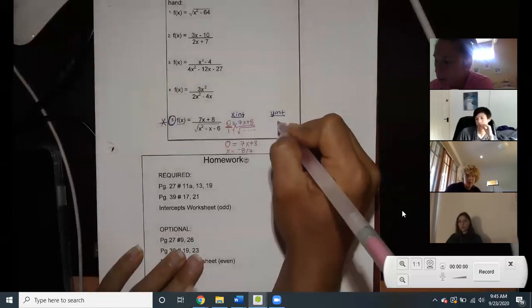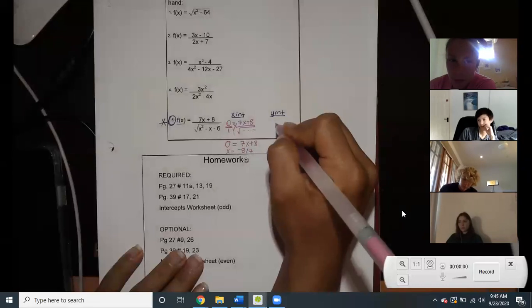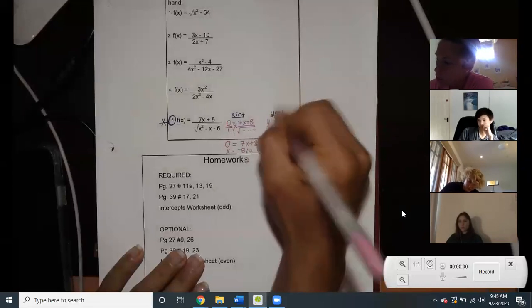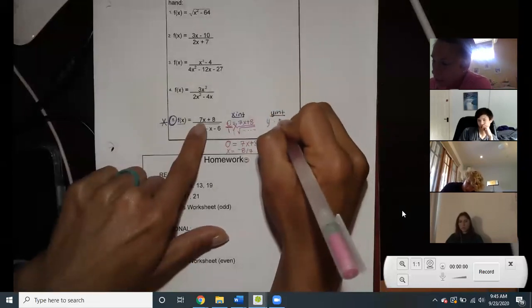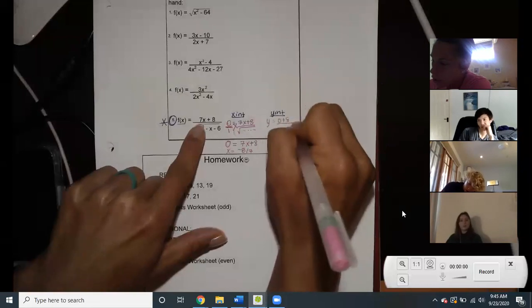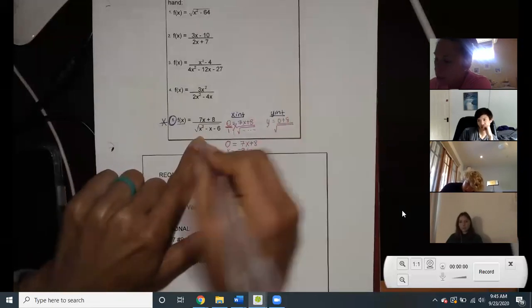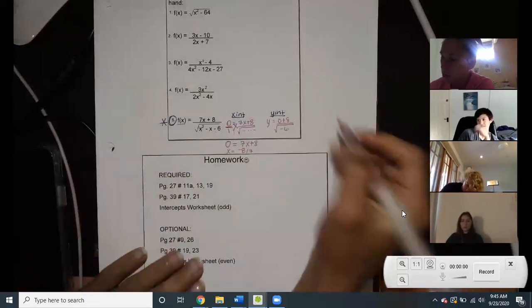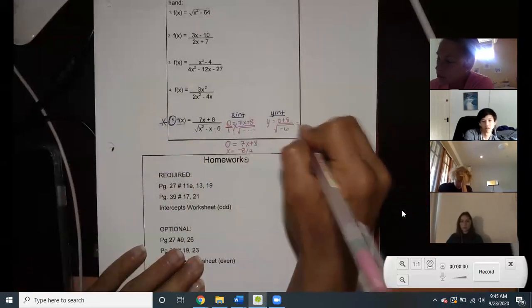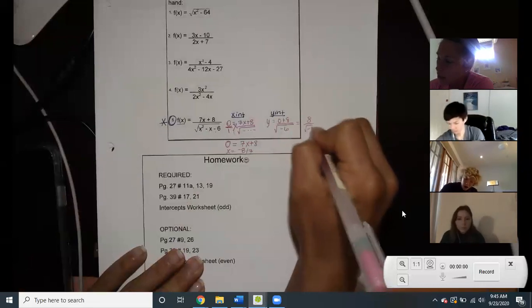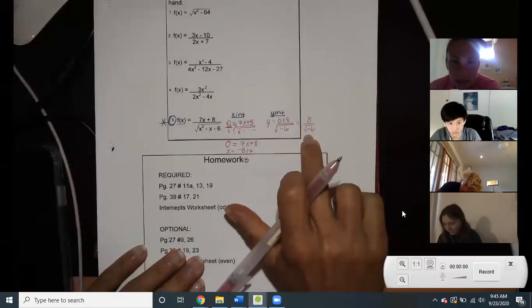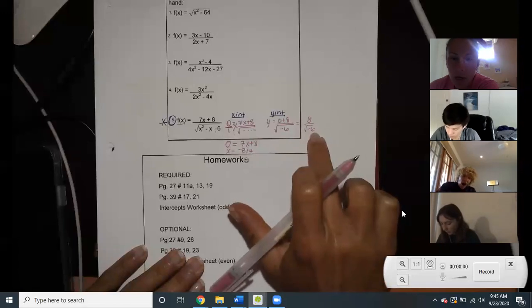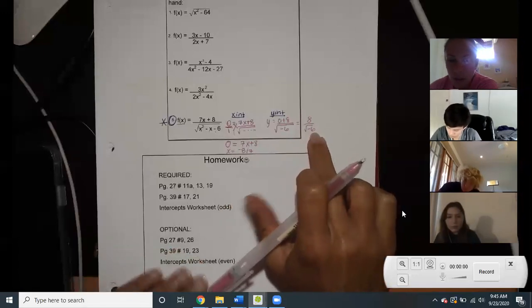For the y-intercept, I'm going to let x be 0, so I have y equals (0 + 8) over the square root of 0 minus 6, which is negative 6. So that's going to give me 8 over root negative 6. What kind of number is this going to give me from the denominator, this root negative 6?